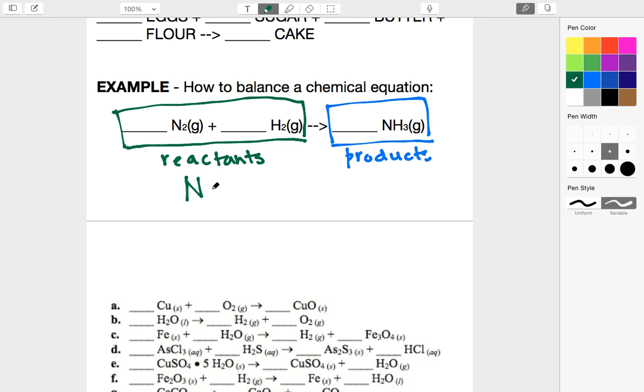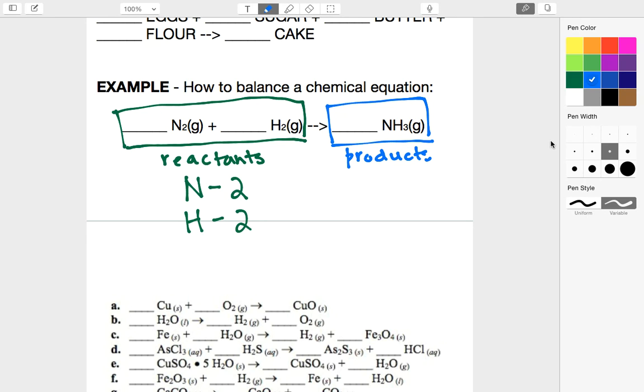N is nitrogen, and I have 2 nitrogens, right? Because my subscript, the tiny number over here, says 2. The other reactant I have is H2. So my element is hydrogen, and I have 2 of those, again, because my subscript is 2.